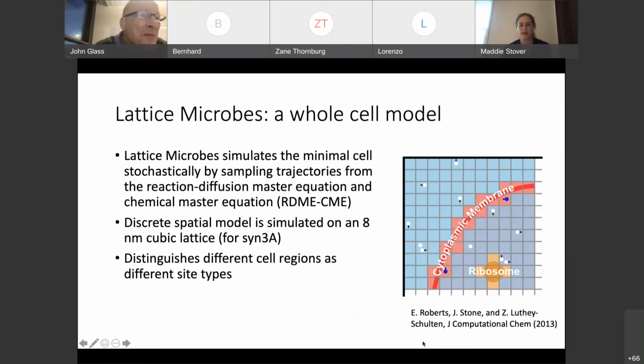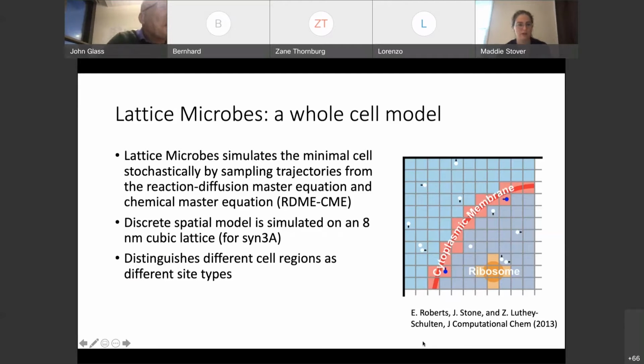So as my colleagues have previously described, our group does a whole cell model of the minimal cell on a software called Lattice Microbes, which simulates the cell stochastically by sampling trajectories from the reaction diffusion master equation and chemical master equation.